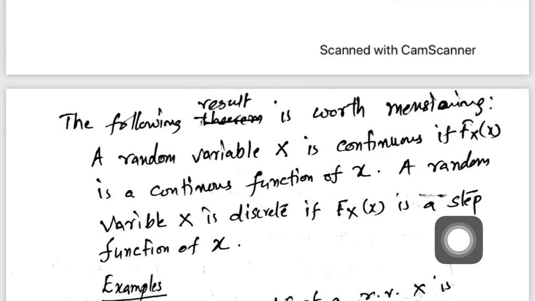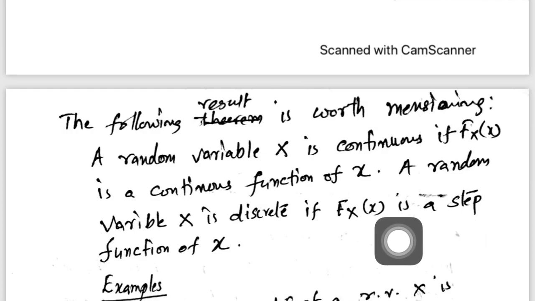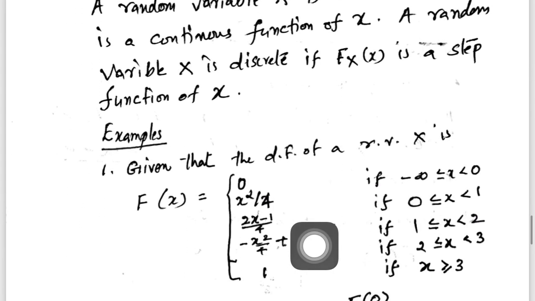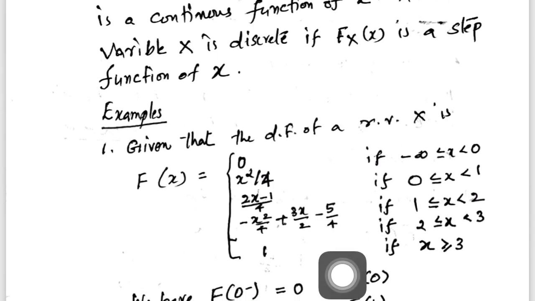We have seen what is meant by a step function in the earlier lecture, when we discussed the discrete random variable. Okay, and you can have some examples of a distribution function, and you can identify whether it is a step function or a jump function.